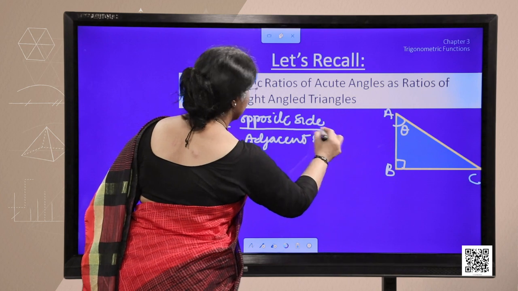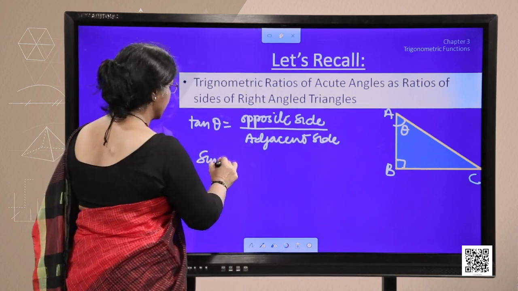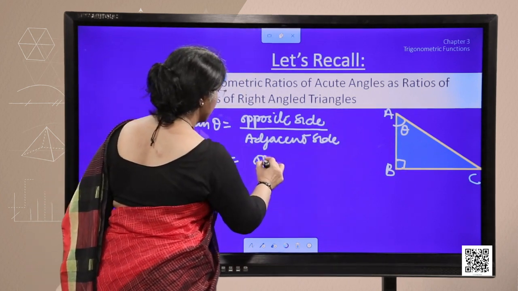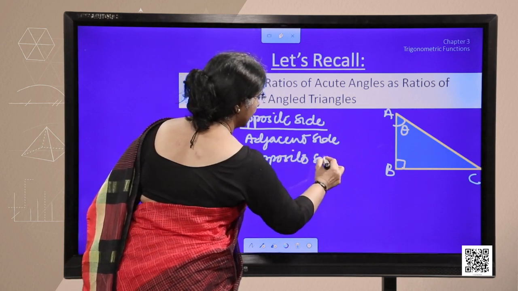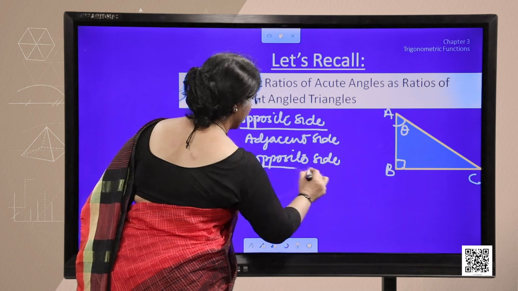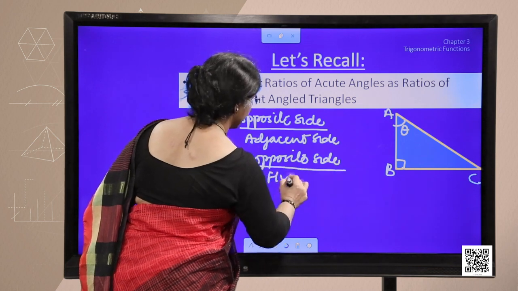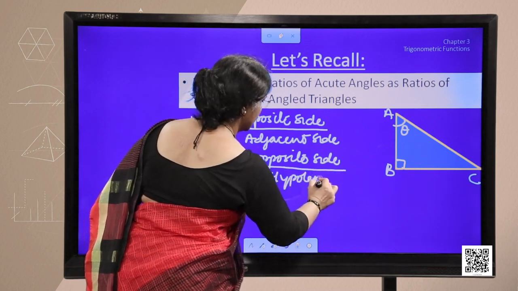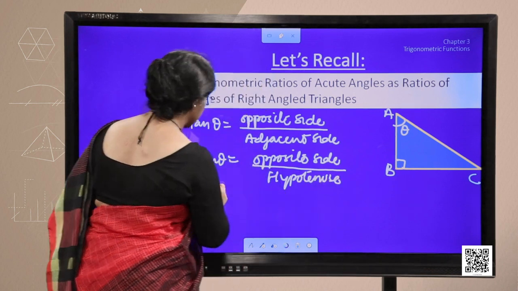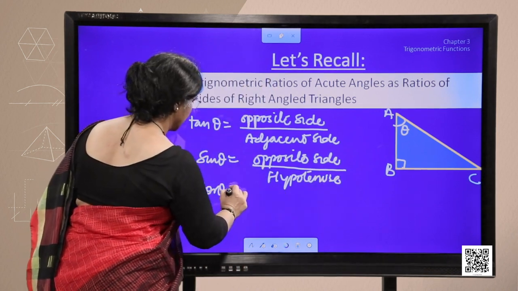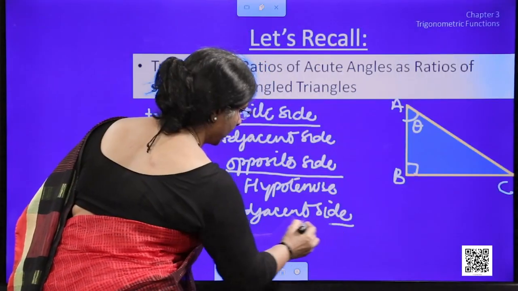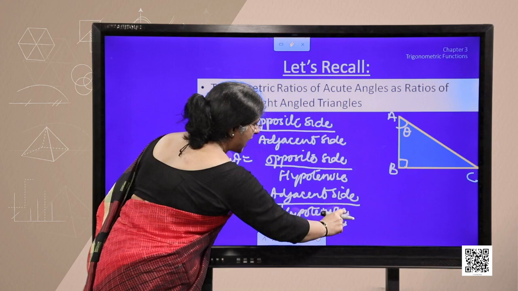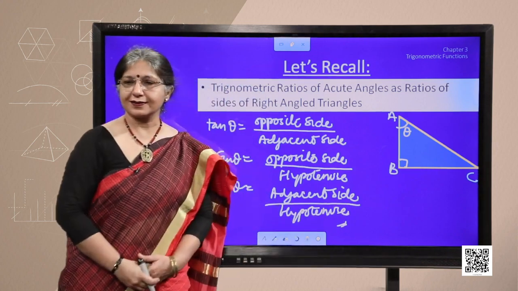And sin theta equal to opposite side upon hypotenuse, and cos theta as adjacent side upon hypotenuse, and their complementary angles.